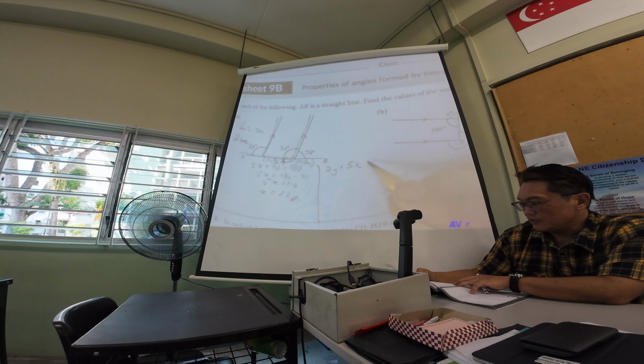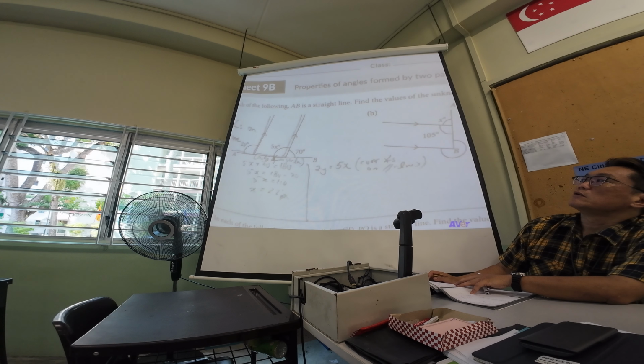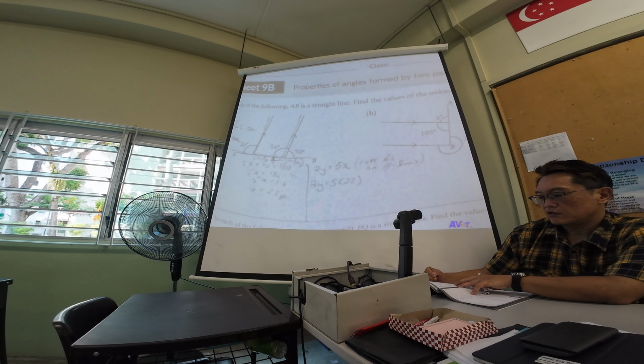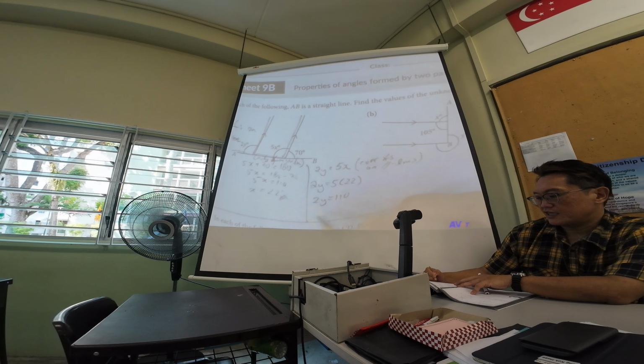Then if they ask me reason, I will put the reason as corresponding angles, CORR, on parallel lines. Okay, then I have found x is 22, so 2y equals 110, y equals 110 divided by 2, y equals 55.